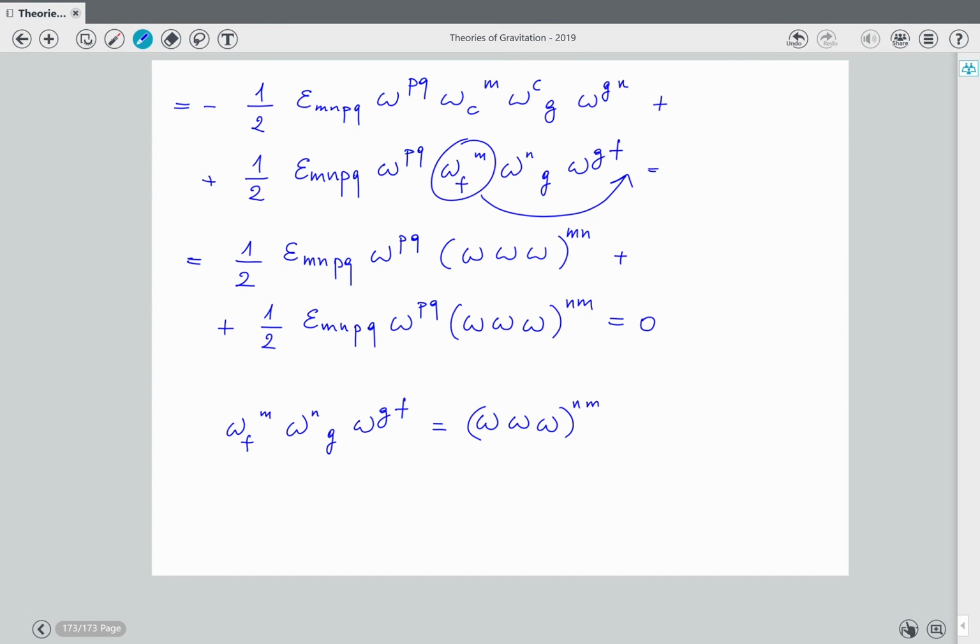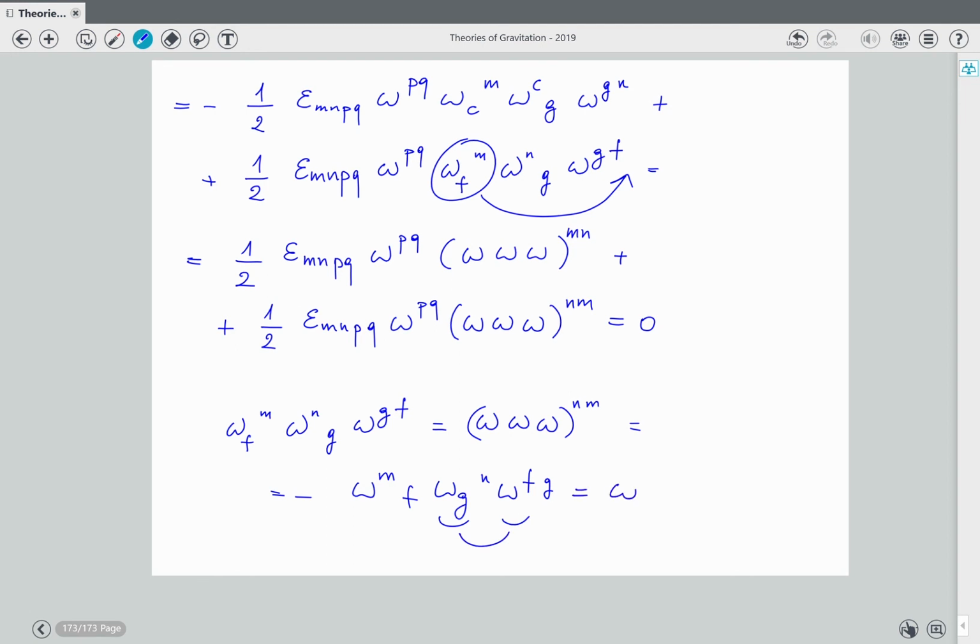But if instead we exchange those two, we have a minus omega mf. We exchange those two, minus omega gn. And then we have another minus omega fg. At this point, we exchange those two.